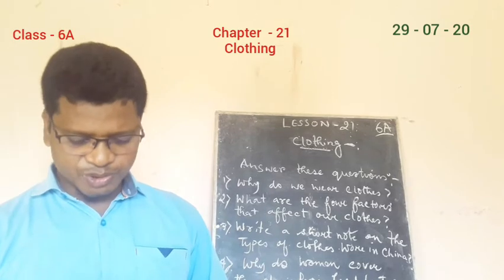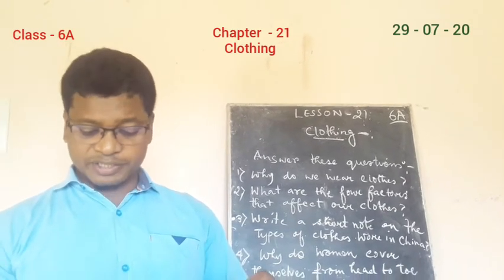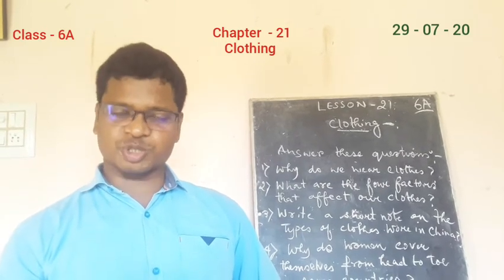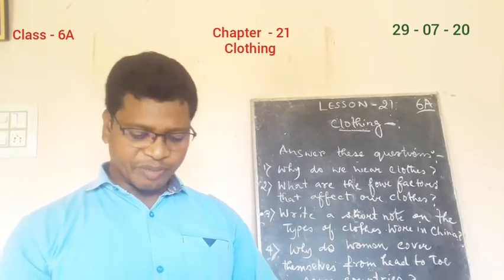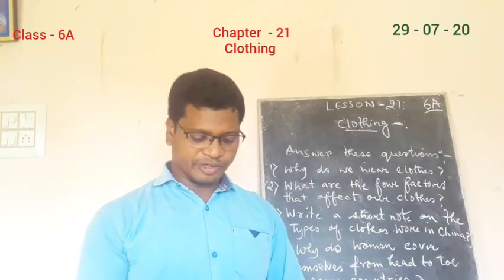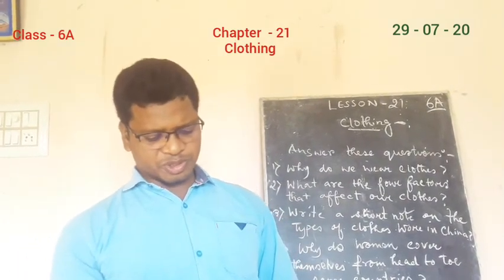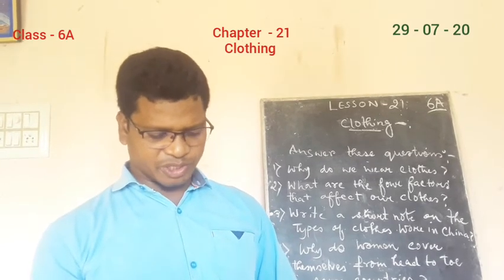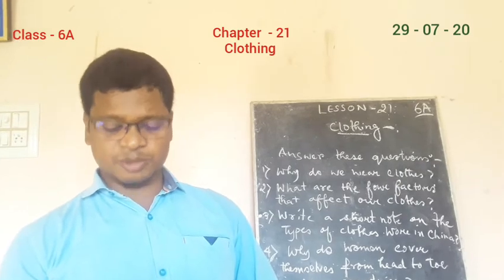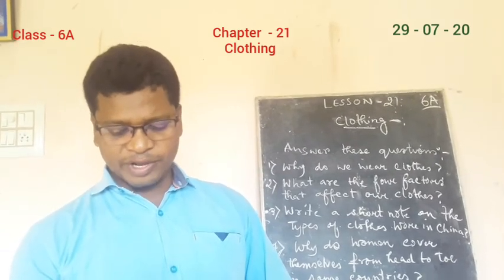In some countries, women hold a different and very low social status compared to men. Hence, women may cover themselves from head to toe, allowing only their eyes to be seen. So in some countries we see women covering themselves from head to toe. Why?